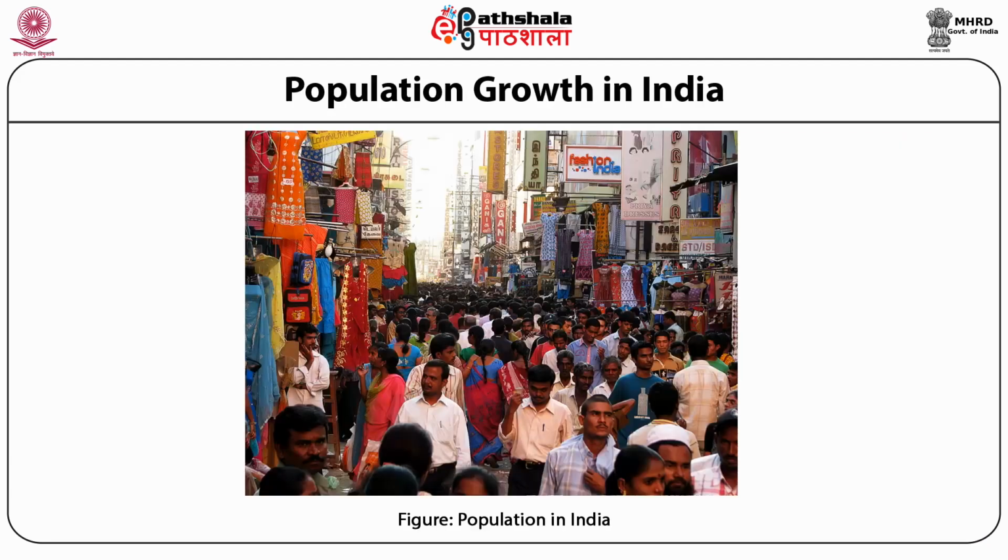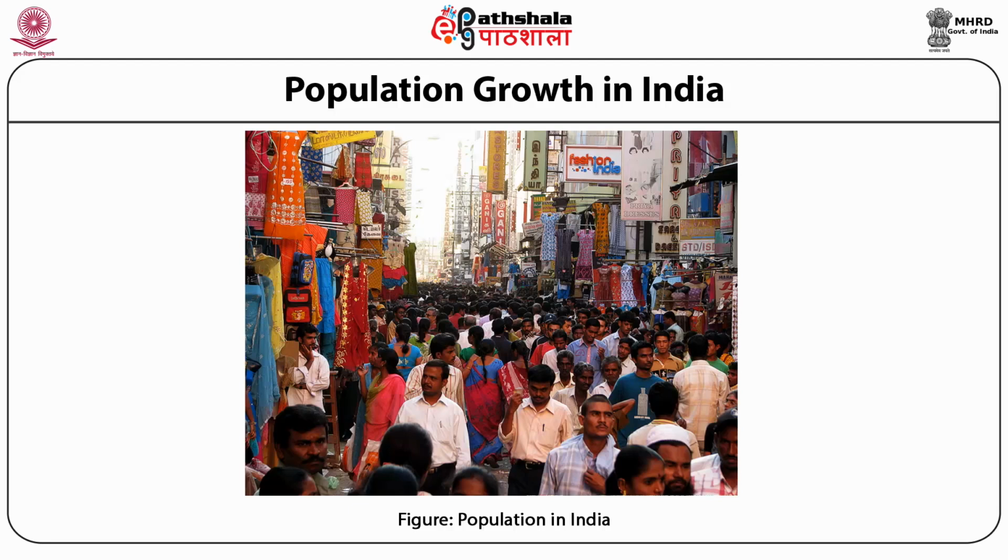The first family planning program of the world was launched in India in 1952, and at that time its population was around 400 million. In 2003, after 51 years, India's population was 1.1 billion, and it was the world's second most populous country.